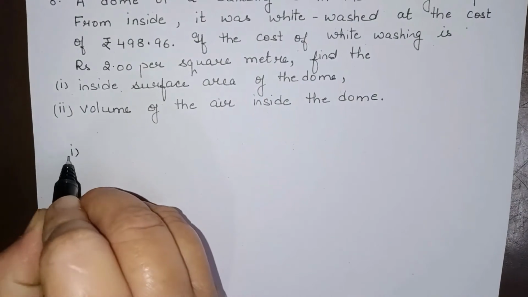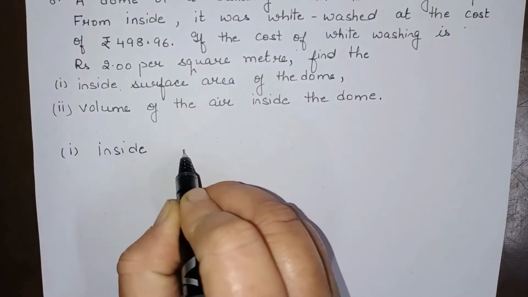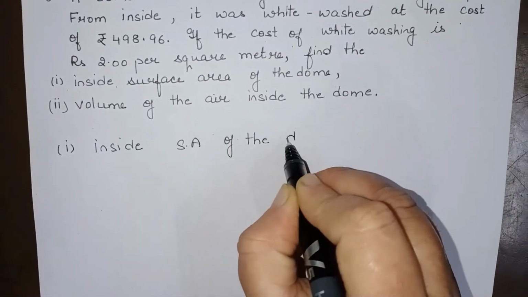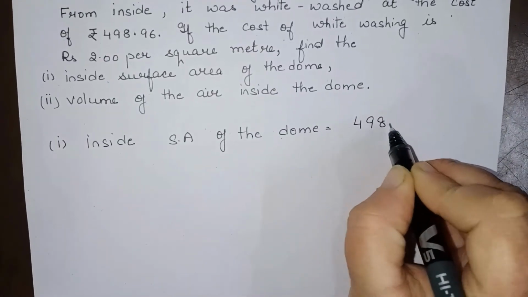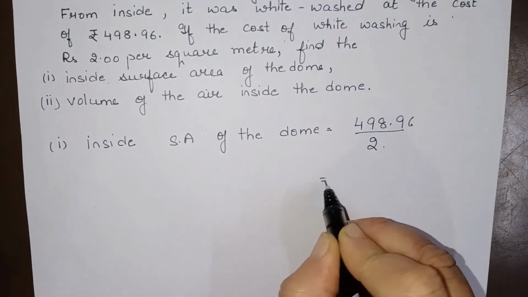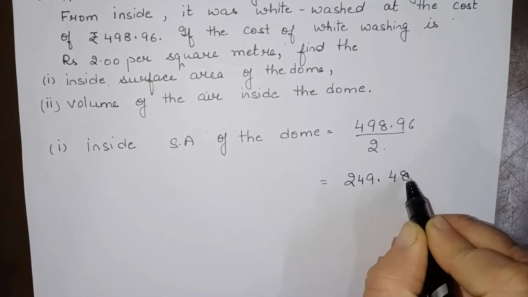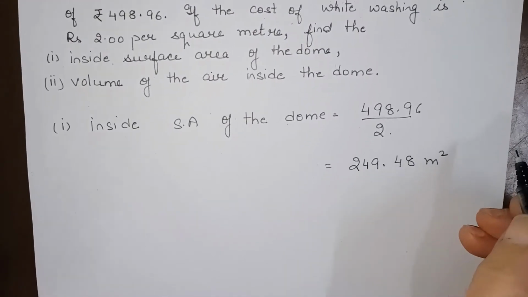So the solution for the first part is: the inside surface area of the dome, which is hemispherical in shape, will be equal to the total cost over the cost per meter square. So this will be equal to 249.48 meters square. This will be the inside surface area of the dome.